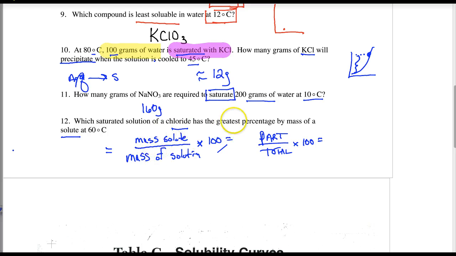So, who is the greatest percent by mass? Now, if you have the greatest percent by mass of a solute, what that really means is who has the greatest percentage of the solute dissolved, for a chloride, at 60. So I'm really asking who is the most soluble salt or compound that has a chloride in it.